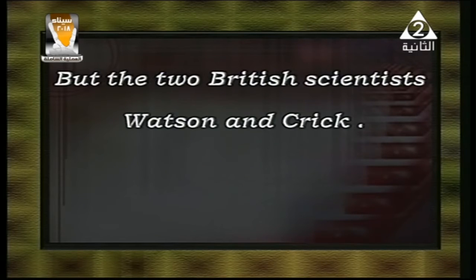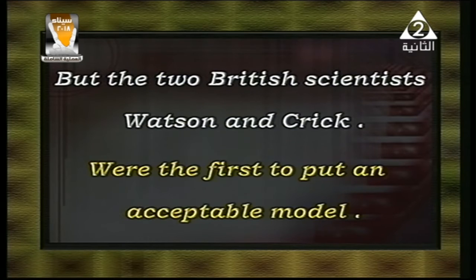But the two British scientists, Watson and Crick, remember well, both of these scientists are very important because they had a great role in changing the direction of science and our imagination about the DNA structure. Watson and Crick, don't forget their names.